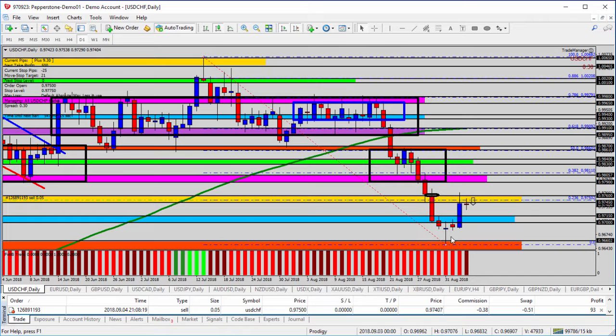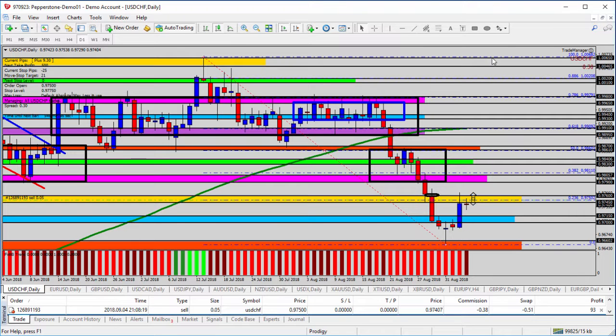Now, as we create higher lows and higher highs, that may change the picture a little bit, but right now, I think still selling in the direction of the trend is the main focus that we should have for the dollar franc, especially as it finds resistance underneath that yellow shaded area. The risk here is, of course, that the market continues to pressure higher, pushes through the yellow zone 97.60 and pushes back up into the next resistance level, which happens to be 97.90.98 here at the pink shaded area.